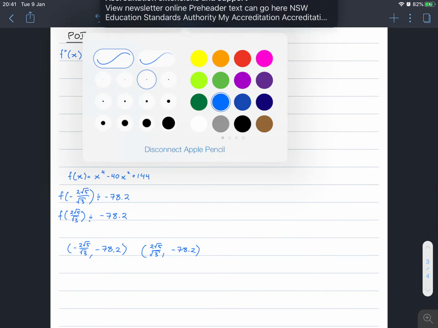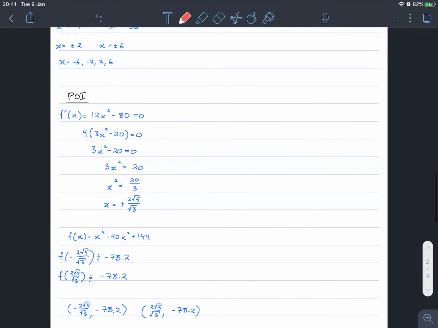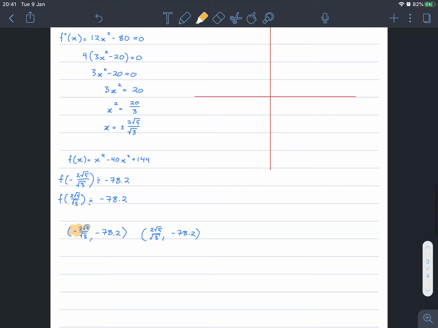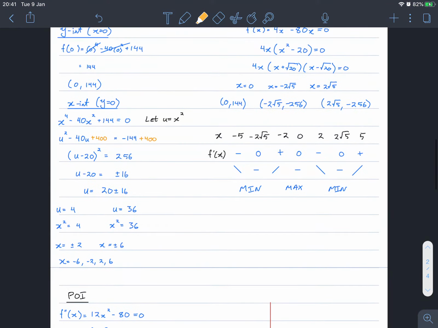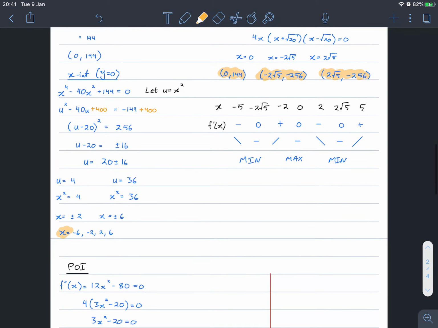Putting all of this together for our sketch now. So all the points that we require, I will highlight. Let's highlight this point, this one. We need our max and min, and our x-intercepts.